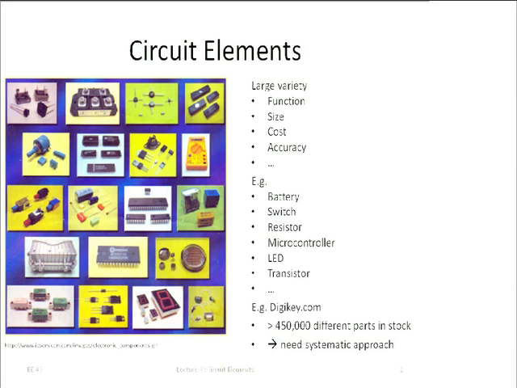I've listed some of the parts that you could get there, and obviously there are many, many more. So we've got to be organized somehow about this, right? EE40 is not about learning 450,000 different things.